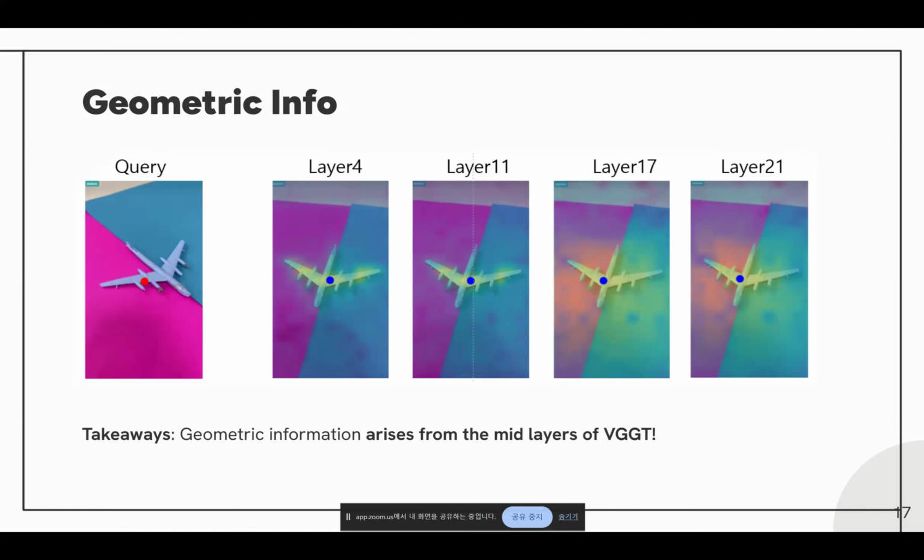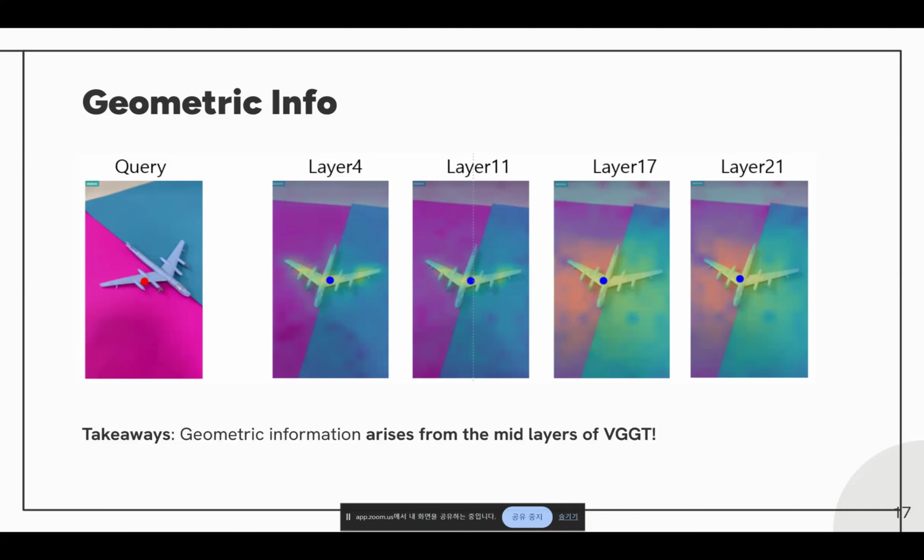These are the results. Given a query image with a query point depicted in red, we're trying to find out what point has the most similar feature to the query point in another view of the scene. The blue dots are the points where the features are most similar to the red dot.